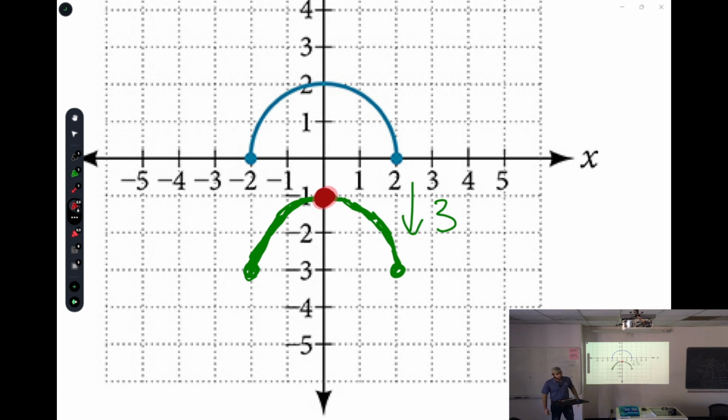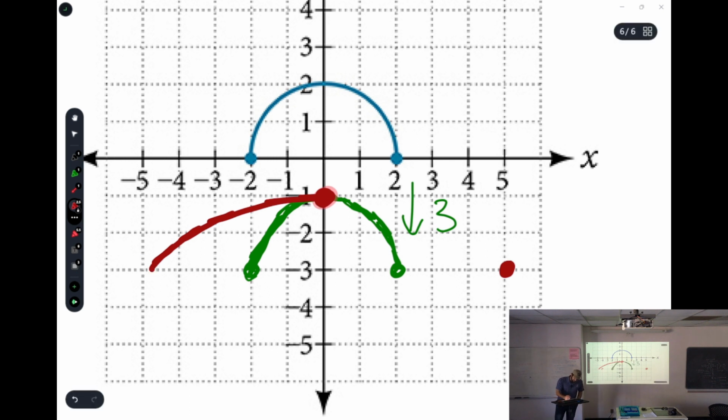If you got no money and I double your money, how much money you got? No money. So if you're 0 and I say twice as wide, you're not going anywhere. Now if you're -2 and I go twice as wide, you know where you end up? -4 and +4.